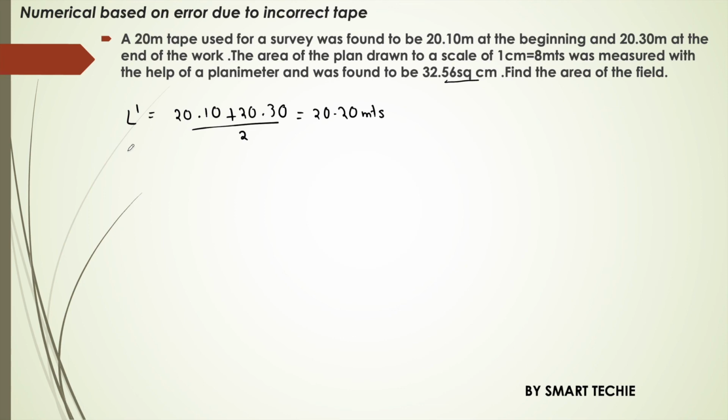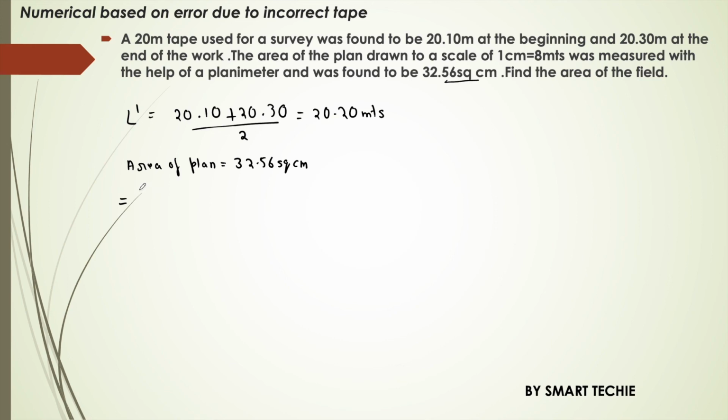So next, what is the area of the plan? I have the area of the plan as 32.56 square centimeters. This area is on a plan, so I need to find the area on the ground for the further calculations.